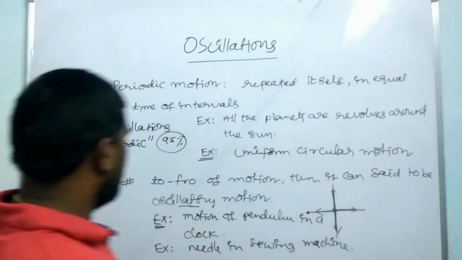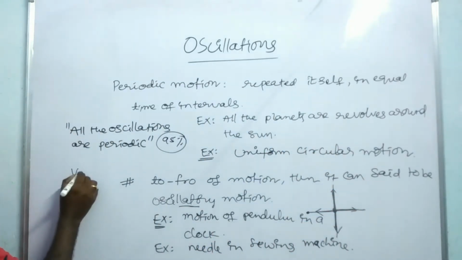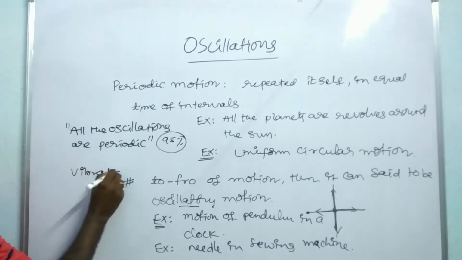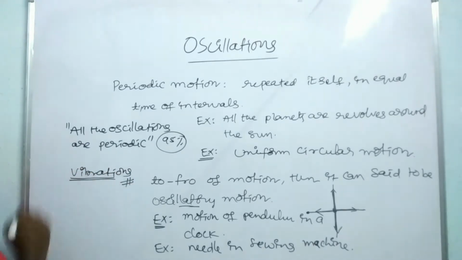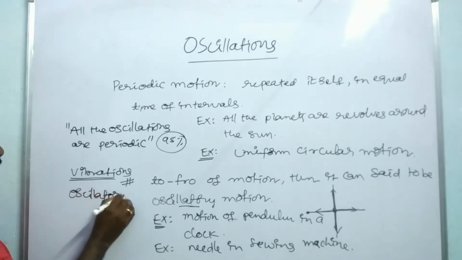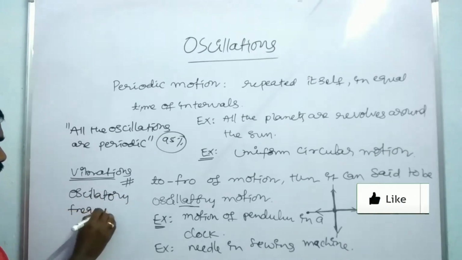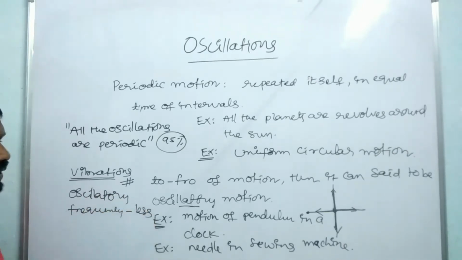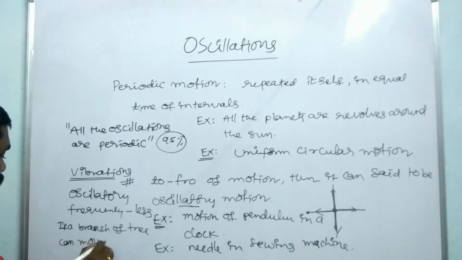One more motion is there, that is vibrations. The slight variation between oscillation and vibration: in the case of oscillation, the frequency is less. For example, a branch of a tree moves with a small frequency.